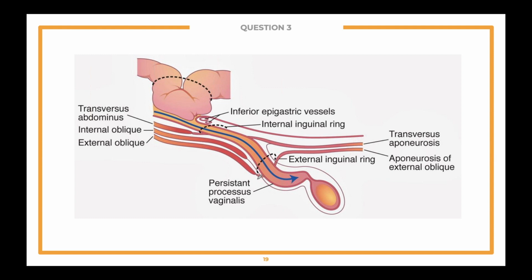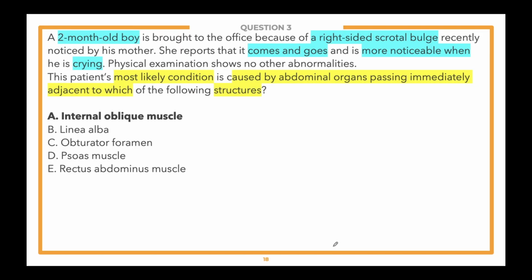So if we go back to our question, our other answer choices, you can see how A is the best answer here. Answer choice E is unlikely to be correct because this is located in the midline. We know we're dealing with something that's more lateral. The psoas muscle is more so in the lumbar region, between the vertebral column and the pelvis, so not as good of an answer choice.